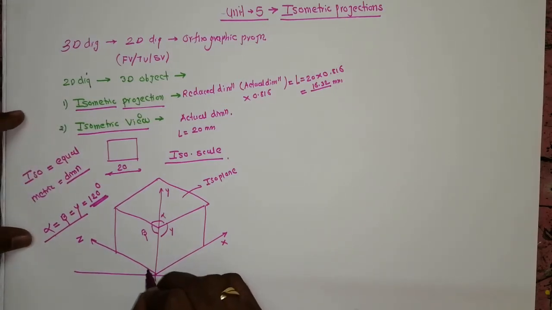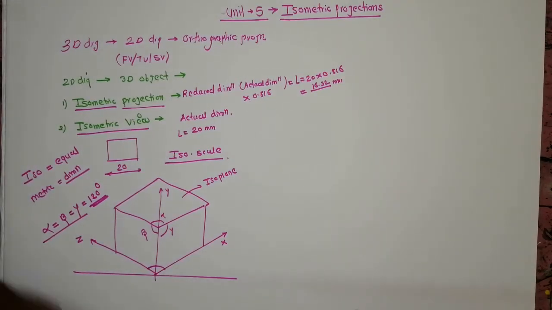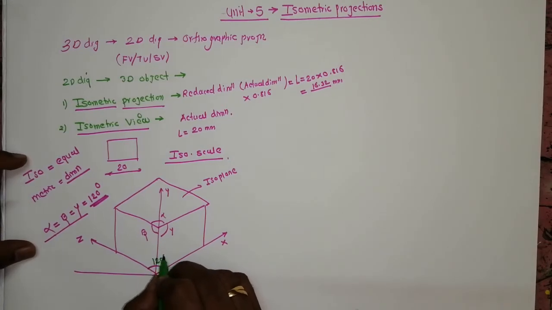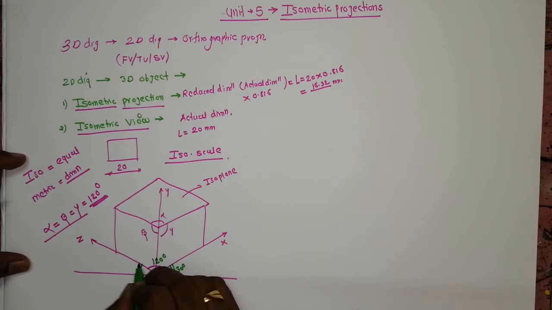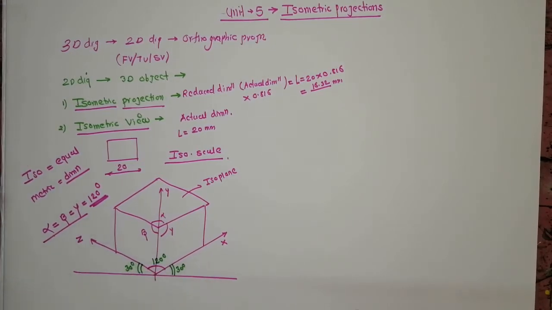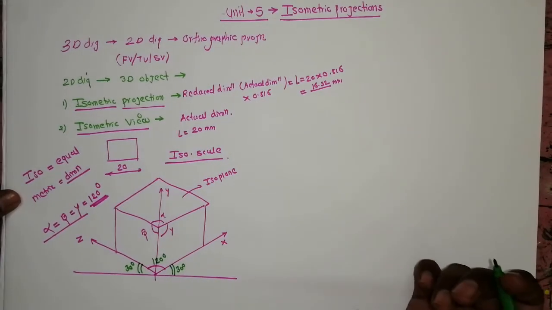Now since this angle is 120 degrees, the angle with the horizontal comes out to be 30 degrees. This is the reason why we always take a 30 degree angle while constructing the isometric view or the isometric projection.